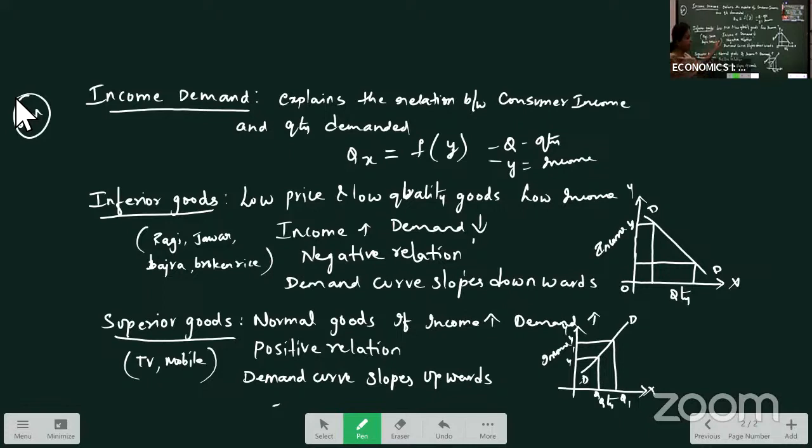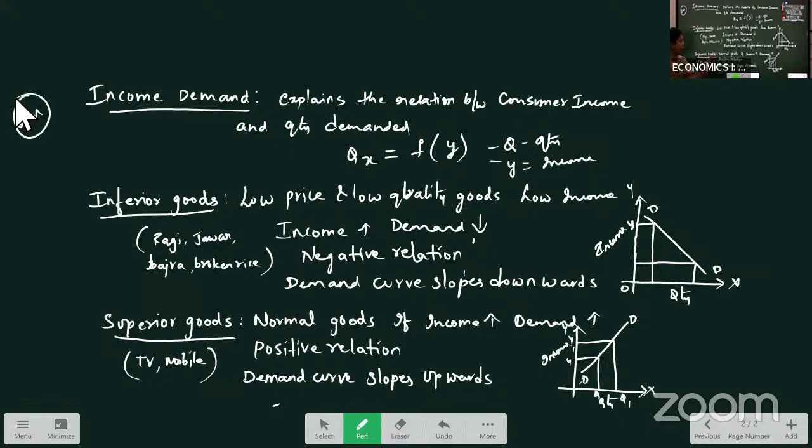In case of inferior good, if income increases, demand for inferior good decreases. So there is a negative relation between consumers' income and demand for inferior goods. As there is a negative relation, demand curve slopes downwards. Then you have to draw the graph. If you draw the graph, weightage will be more. You can score full marks in this.